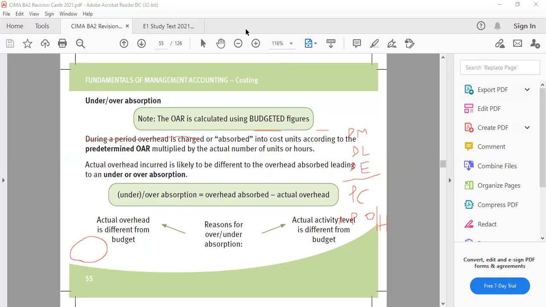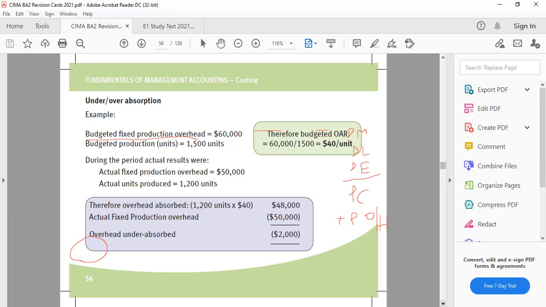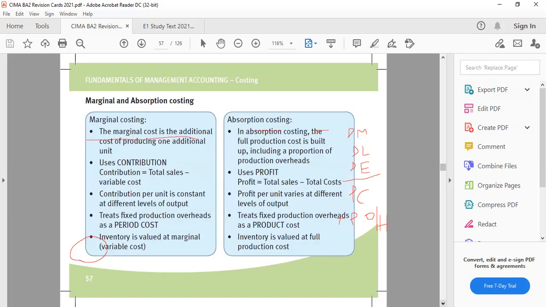If more amount is charged, we call that over absorption. If less amount is charged, we call it under absorption. Then they take up the reconciliation of the under absorption or over absorption.